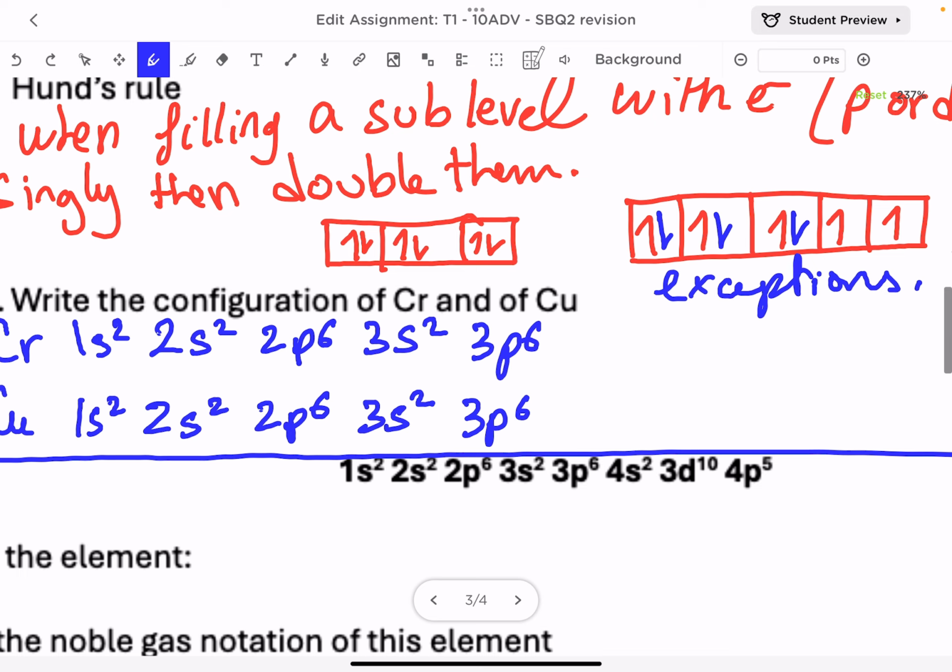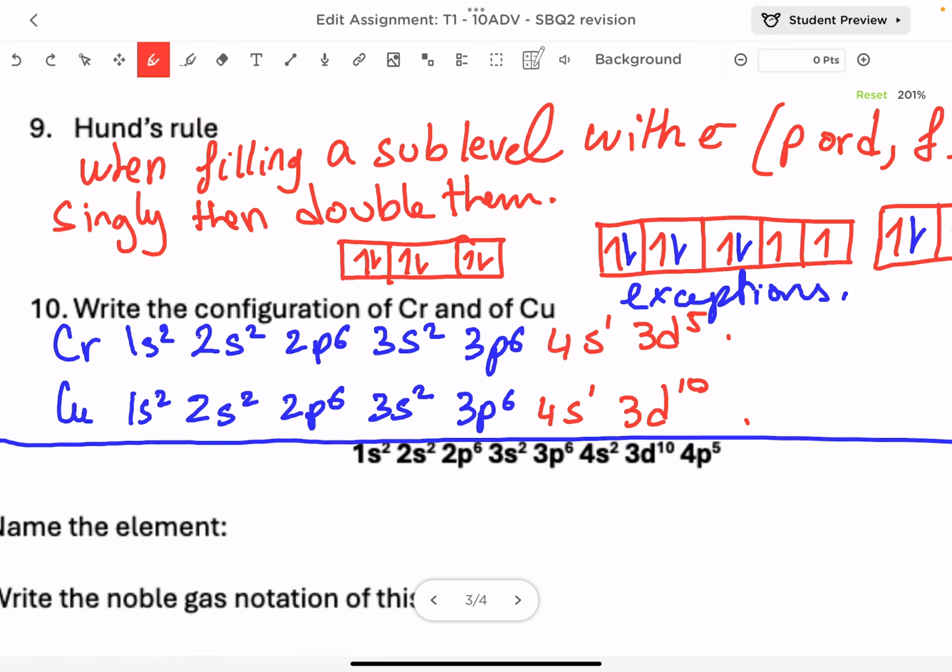Chromium will have 4s1, 3d5. Do not write 4s2, 3d4 and then put the other one. Just directly 4s1, 3d5, and this one 4s1, 3d10.